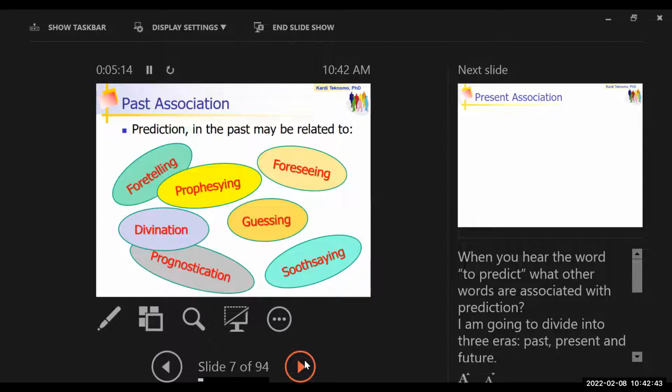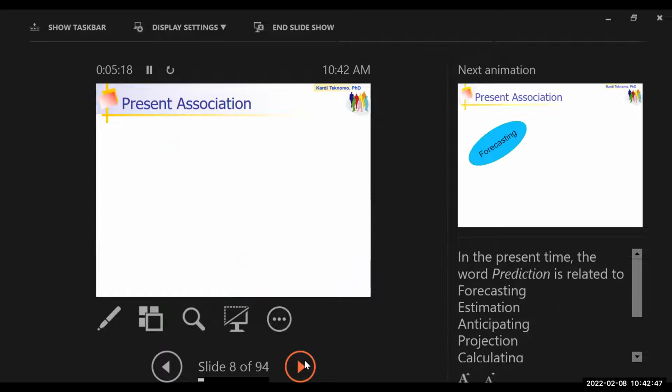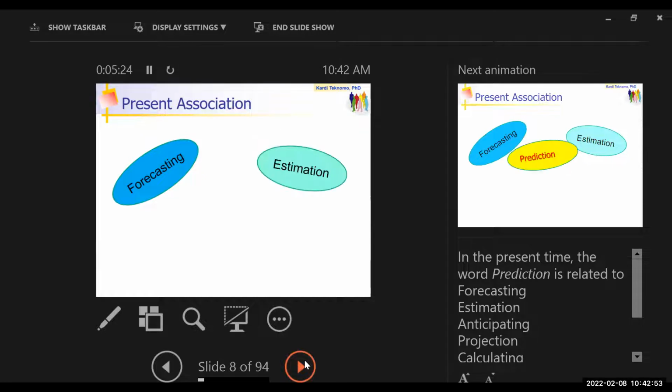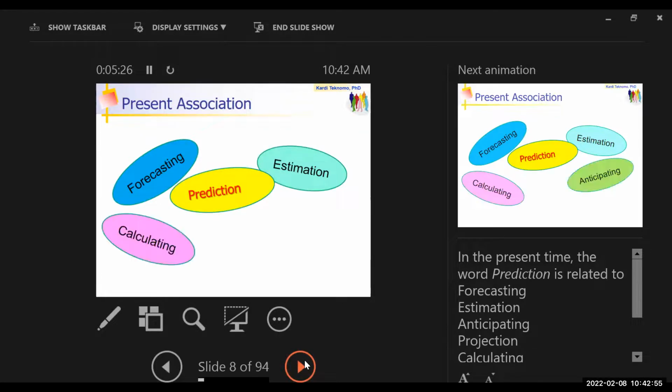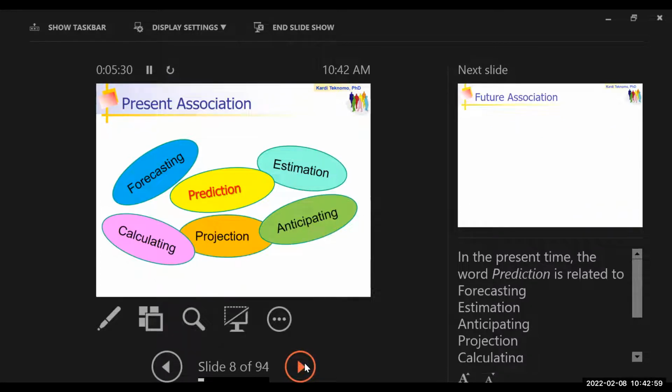Prognostication. So this is the past association of prediction. And the present association of prediction will be forecasting, estimation, prediction itself, calculating, anticipating, and projection. What is this? We are talking about a more quantitative way, not just qualitative, right?